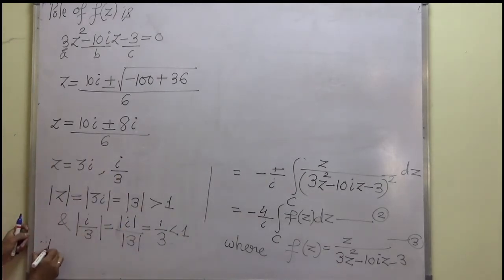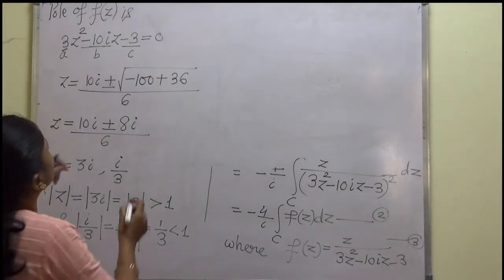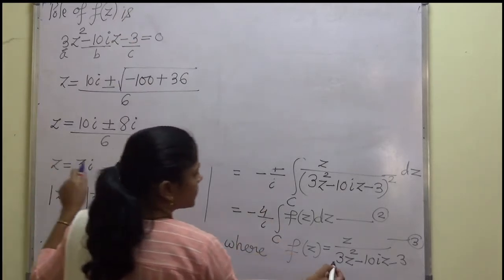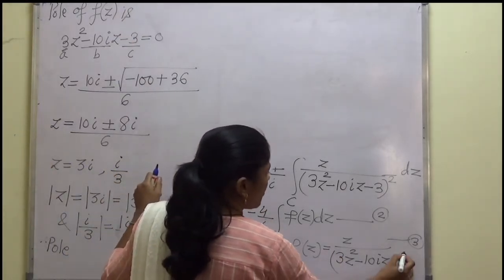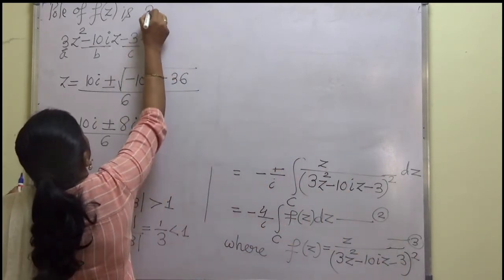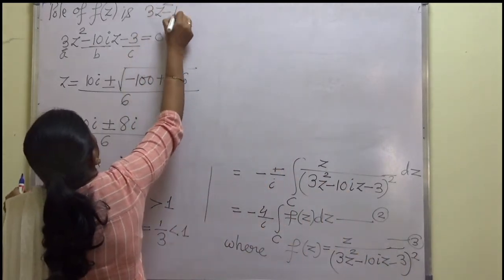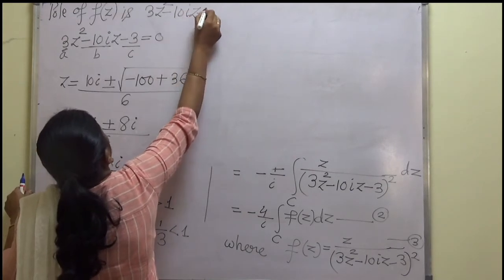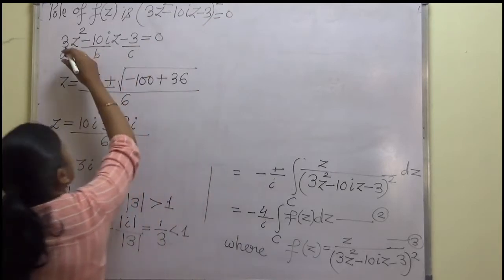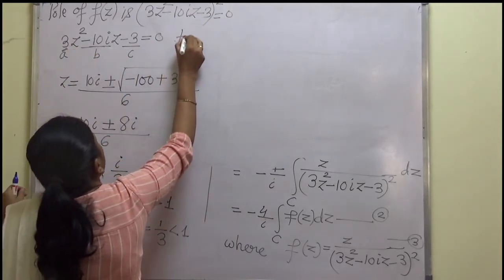Therefore, now, see here, the pole of f of z is given by 3z squared minus 10iz minus 3, whole squared, equal to 0, right? Here we have a square term. It means this is equal to 0 how many times? Twice.